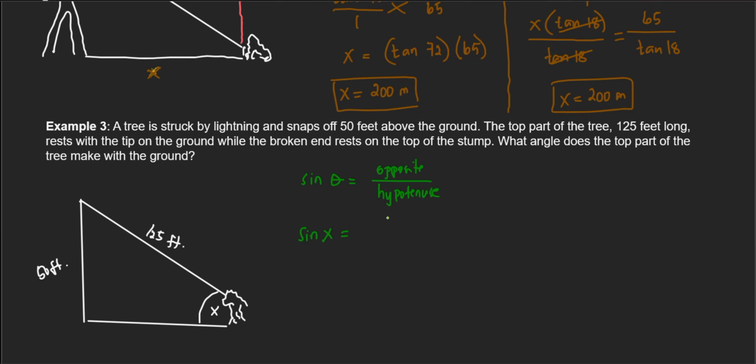The opposite is equal to 50. Let's not include the unit. Then the hypotenuse is equal to 125. Now, solve. 50 divided by 125 is equal to 0.4.